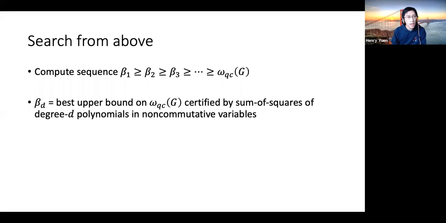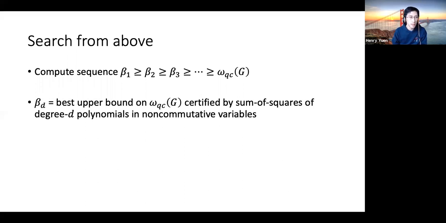But we can combine it with the search from above procedure, which computes a sequence of upper bounds, these beta 1, beta 2, beta 3, on the commuting operator value of G. Okay. And each beta D is the best upper bound on this commuting operator value of a game that can be certified by a sum of squares of degree D non-commutative polynomials. Okay.